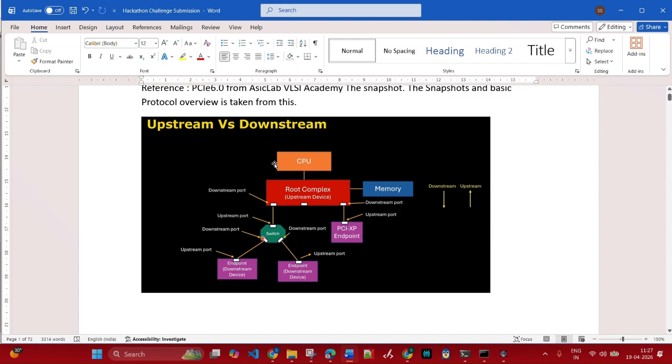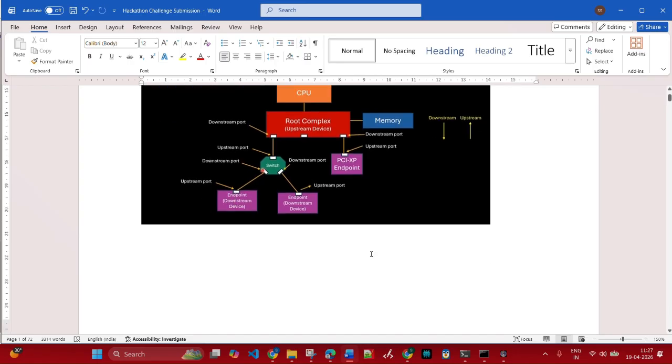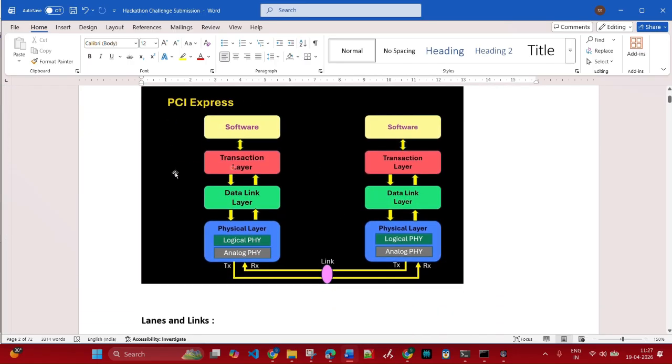I'm having a master as a CPU. There is a root complex and there is a switch. If the CPU wants to connect to a slave, it has to transfer to a root complex, from root complex to a switch, from switch to an endpoint, the downstream point.